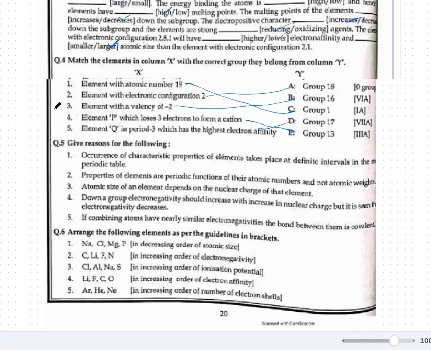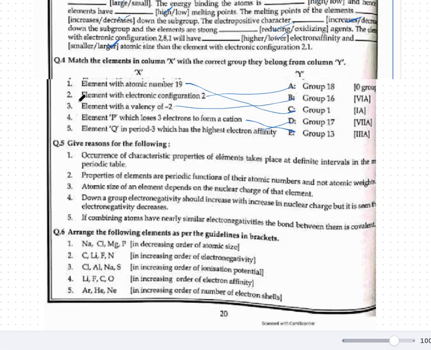After definite intervals, that is, as we go from the first group to the last group, from the alkali metals to the inert gases to the right, and then we repeat the same for the next set of atomic numbers with increasing atomic numbers. So after definite intervals, similar valence shells can happen.